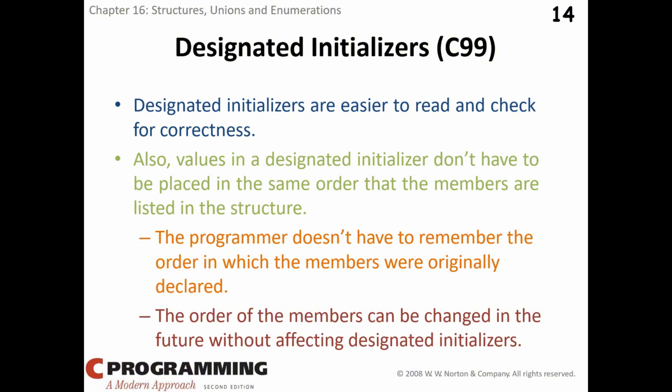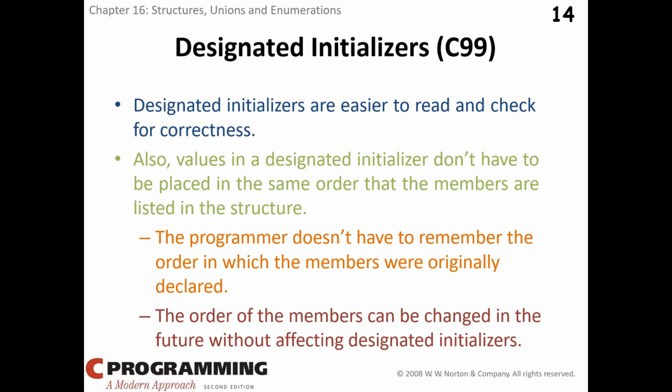By explicitly labeling each value with the name of the corresponding structure member, designated initializers make it clear which value is assigned to which member. This clarity can greatly reduce the likelihood of errors and makes the code more understandable, especially when we are dealing with structures that have many members.